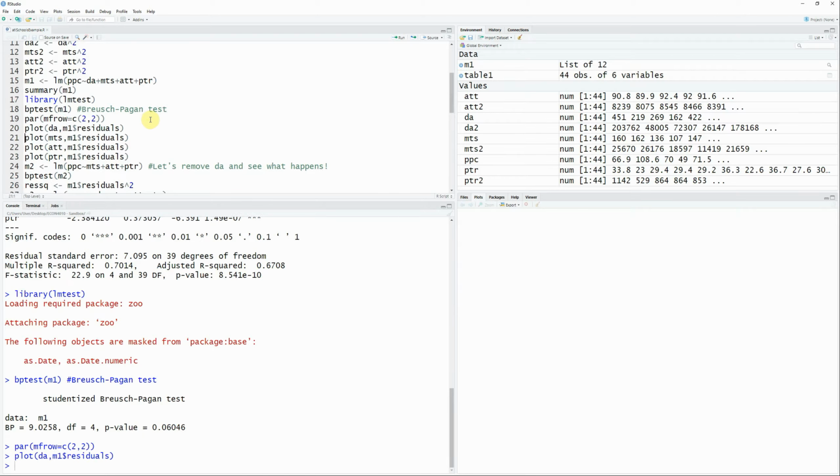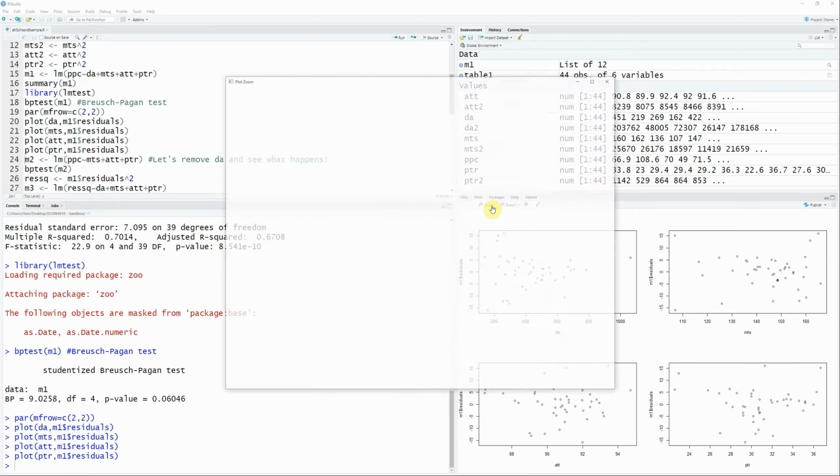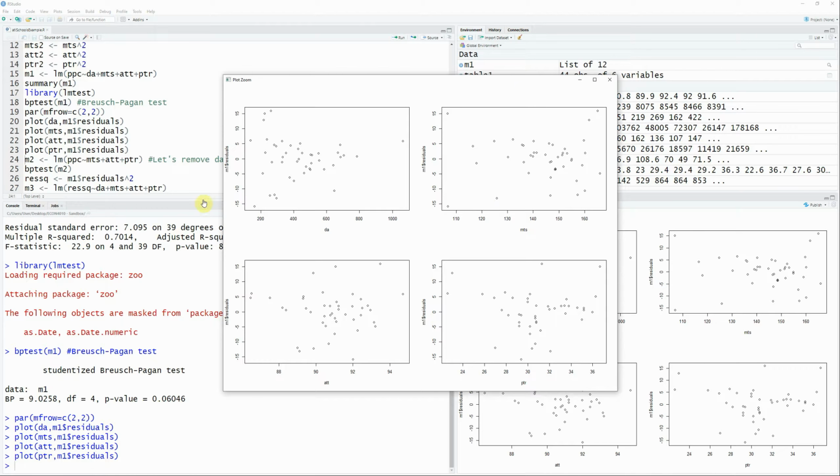Let's look at our data. What we did over there is we got the residuals of our model and then looked at the residuals versus our right-hand side variables. And we can see that the residuals are not spread the same as we move along our right-hand side data.